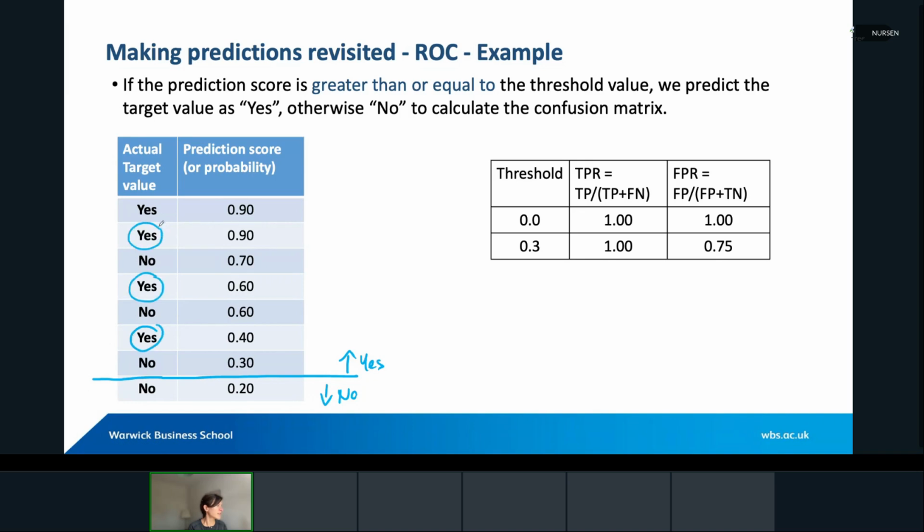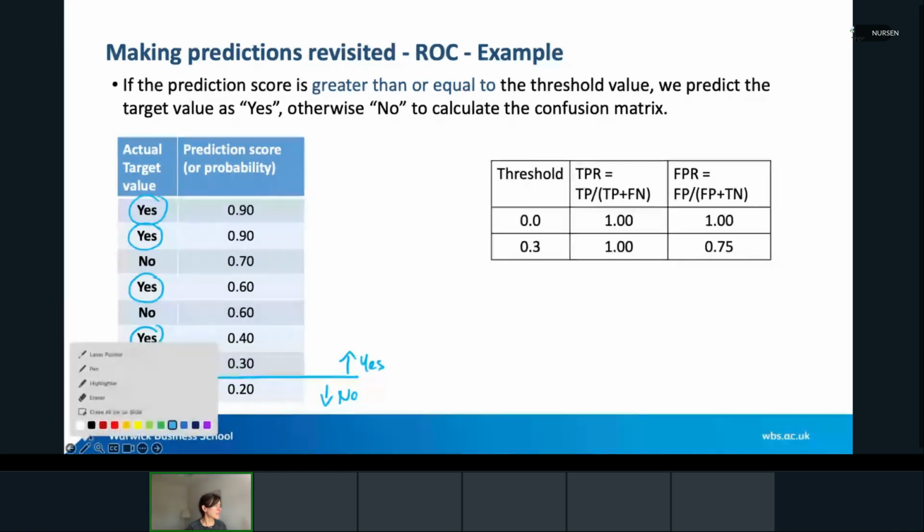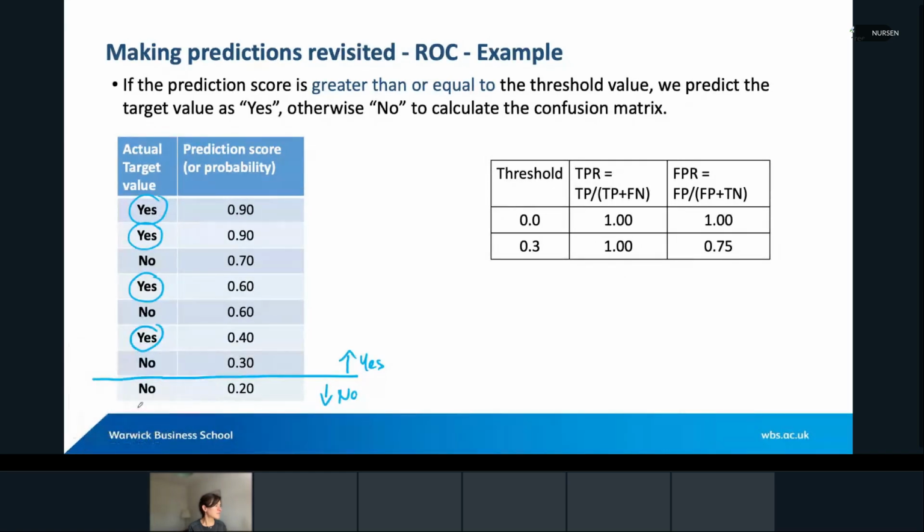These are all actual responders, so the true positive rate is still 1. But now I exclude this particular customer here. It is predicted as no, and it was actually no. So I have 1 true negative, which means I am making 1 less false positive error.